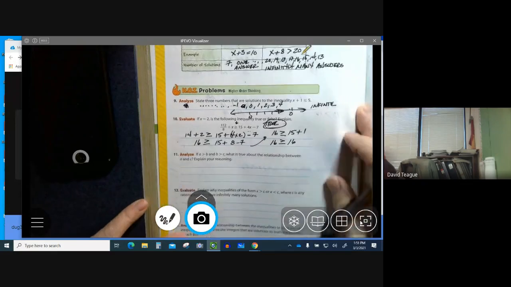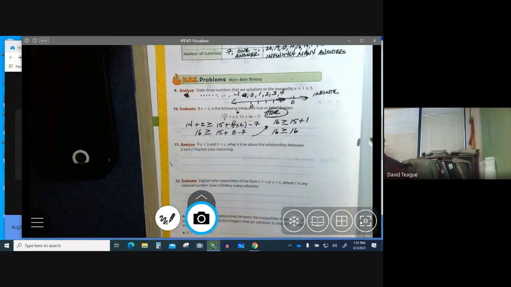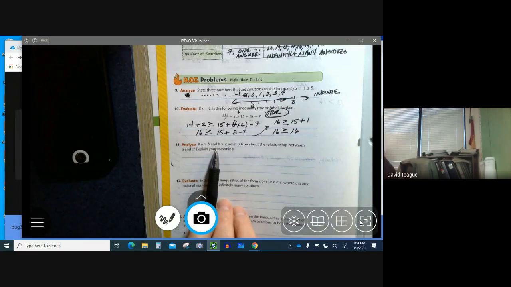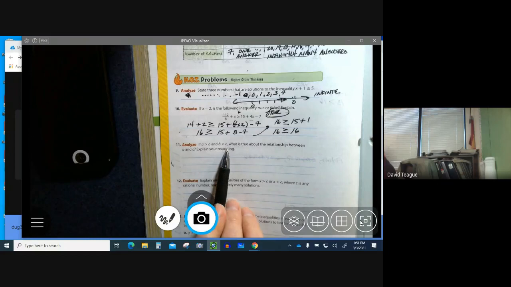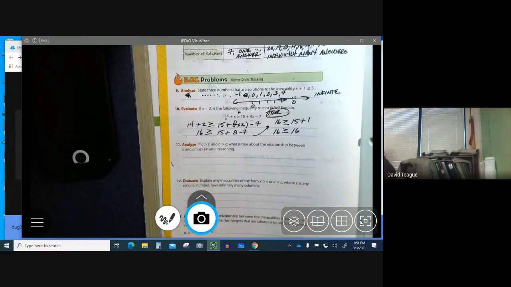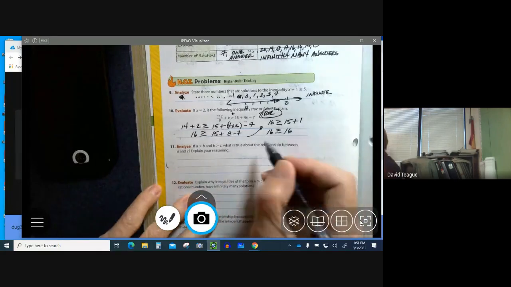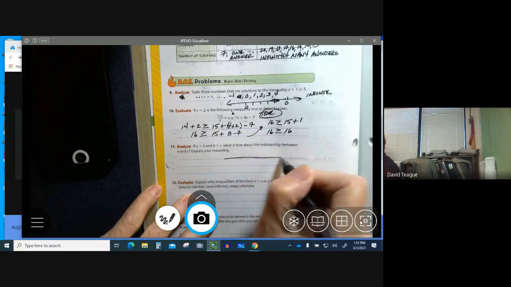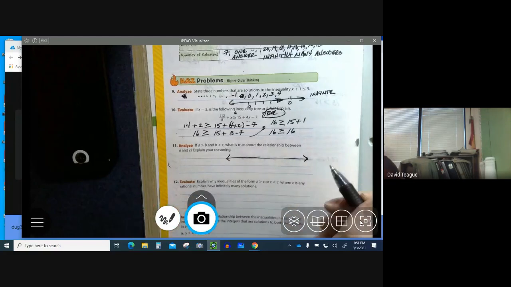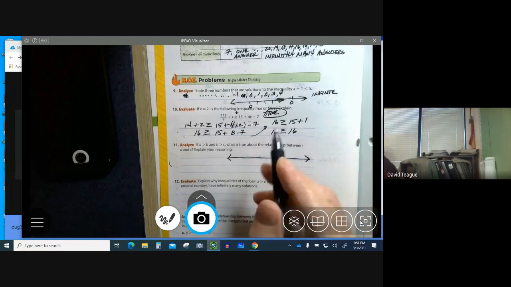Okay, now here's kind of a heady question. Analyze: if A is greater than B and B is greater than C, what is true about the relationship between A and C? Anybody have a prediction? Well, let's draw it out.